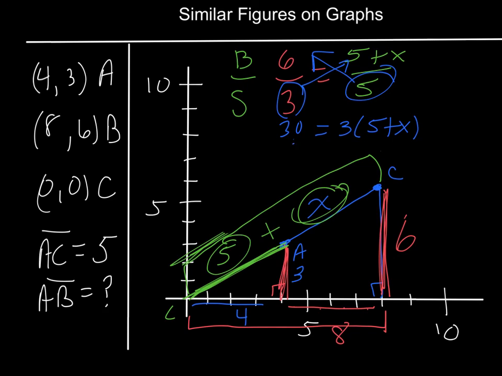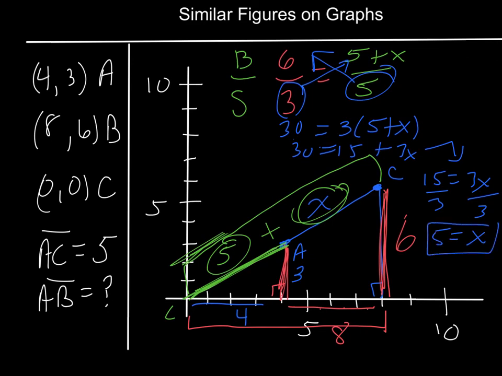So then I get 30 equals 15 plus 3x. I'm going to go ahead and finish that over there. So then I subtract 15 from both sides, and I get 15 equals 3x, and then divide both sides by 3, and x is equal to 5.